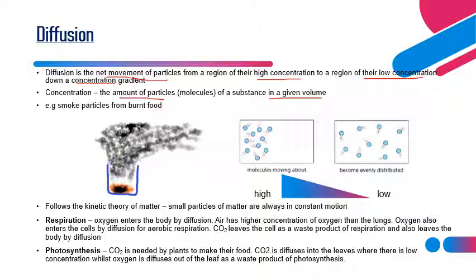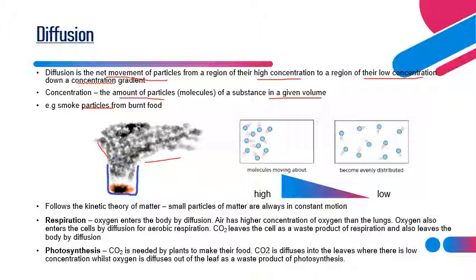An example of diffusion you might be familiar with is when smoke particles are coming out of burnt food in the kitchen. Maybe you are burning meat in the pot, and the smoke starts to spread out throughout the room, and it reaches your nostrils where you are, maybe in another room.